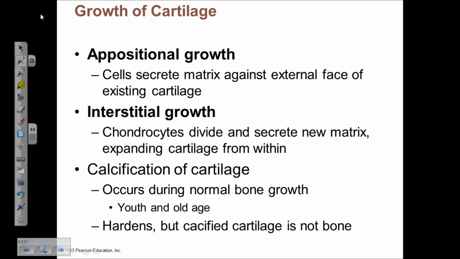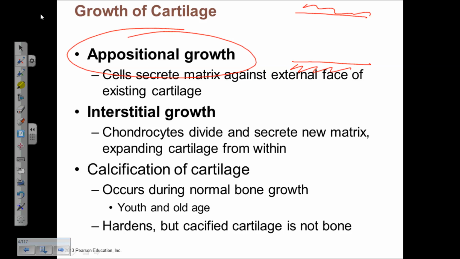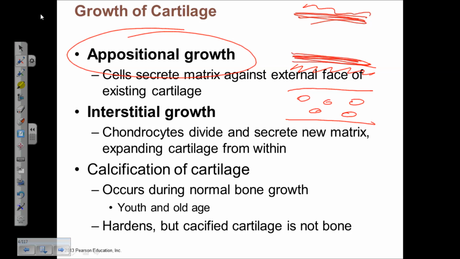Cartilage can grow, it can become wider on the sides or wider in the middle. So appositional growth is when cells secrete the matrix against the face of the cartilage, so here's going to be the appositional growth.